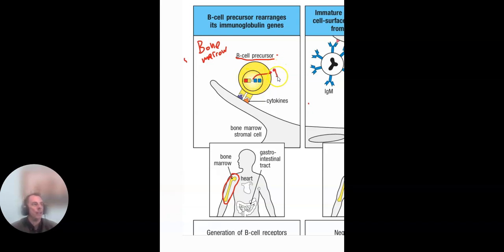So these are the immunoglobulin genes. Now, this phase is independent of antigen. There are no antigens present in the bone marrow, okay? But it depends on interactions with the bone marrow stromal cells.